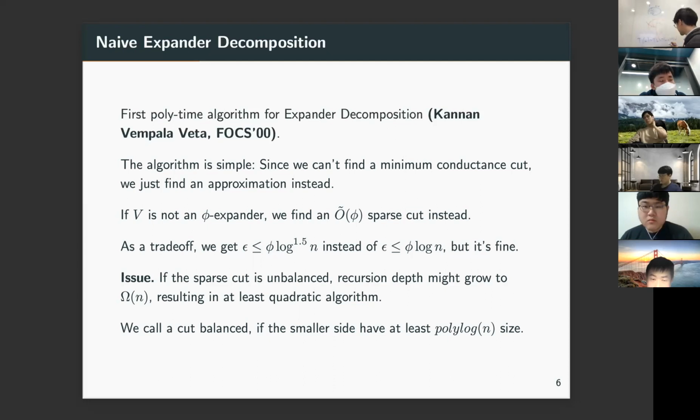If this is not balanced, then it can't go better than its quadratic version. So we want a balanced decomposition, a balanced cut for this matter. Here we'll call the cut balanced if the smaller side has at least polylog n size.